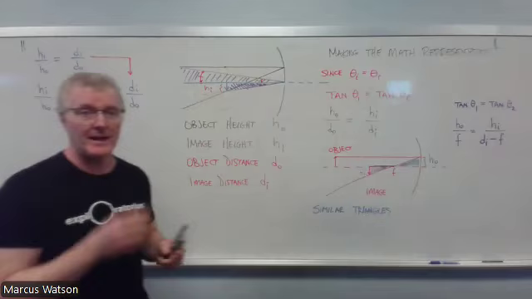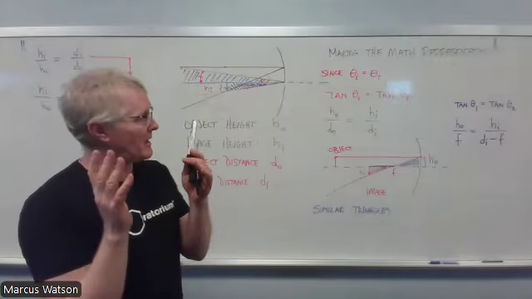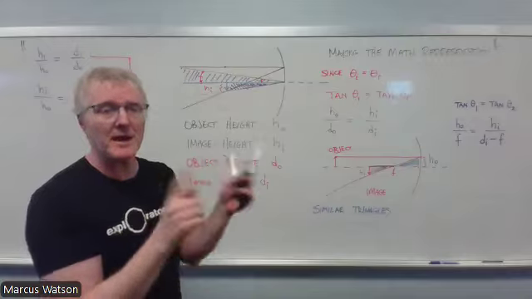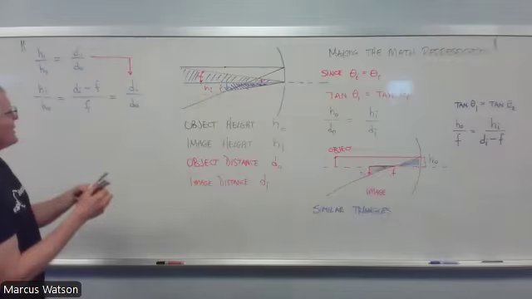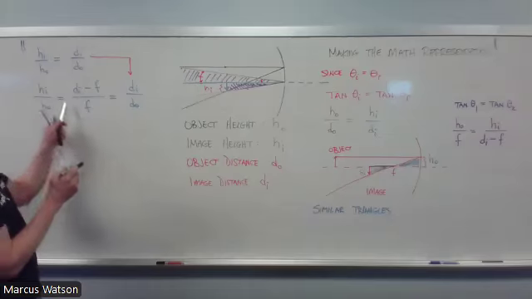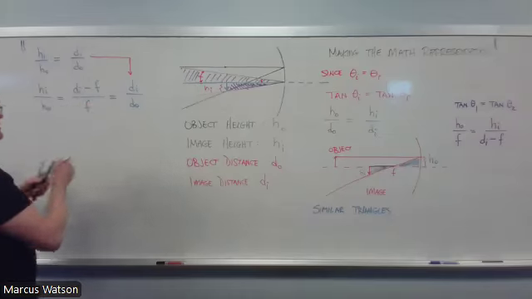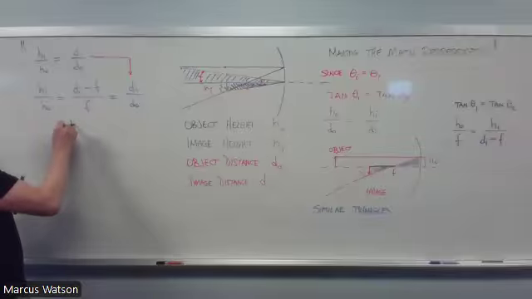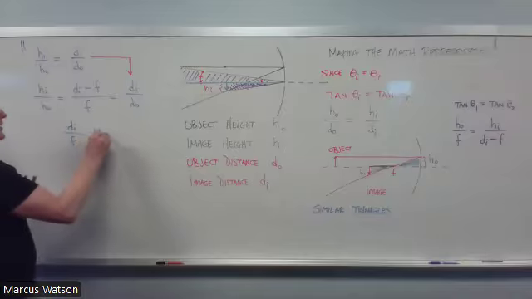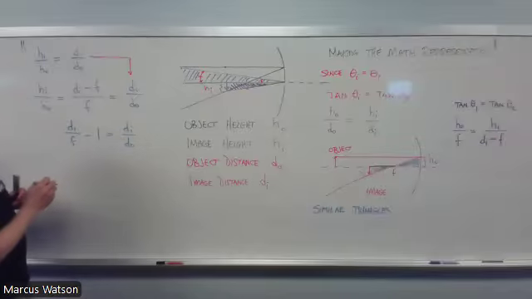Alrighty, and now let's just solve to come up with a relationship between the distances of the image and object and the focal length of the mirror. In order to do that, I'm just going to go ahead and divide this side. Right, I've got a denominator here which I can just separate out. So I'm going to do DI over F minus 1 equal to DI over DO. Pretty cool.